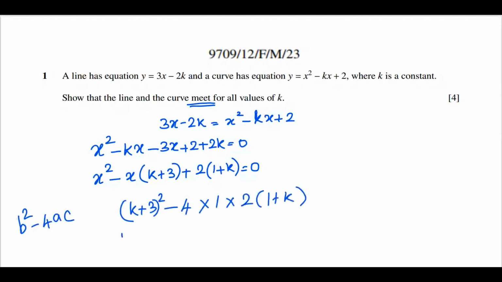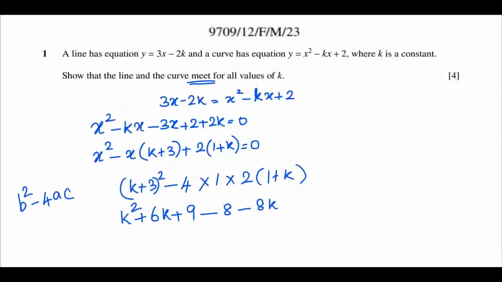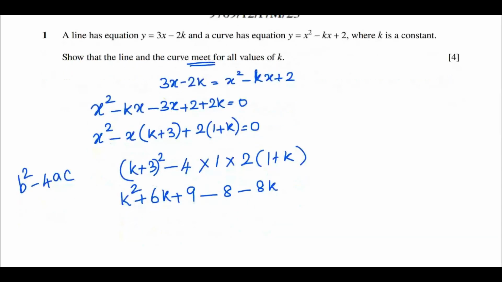So let us expand this. We get k square plus 6k plus 9 minus 8 minus 8k. k square minus 2k plus 1. This can be written as k minus 1 the whole square.